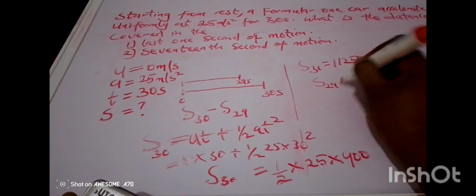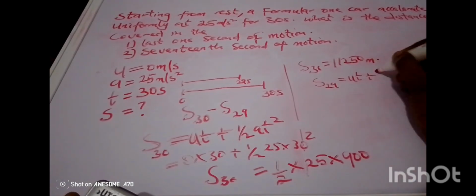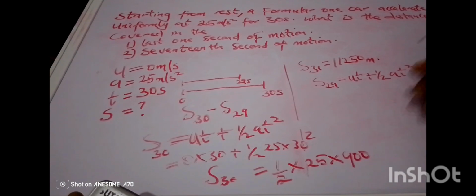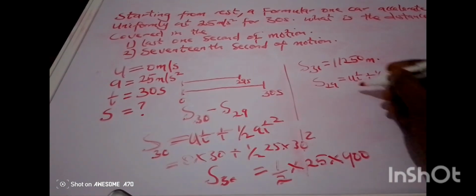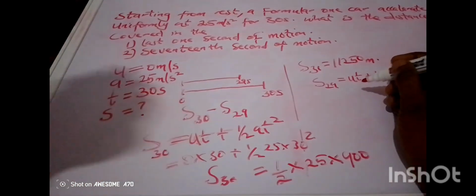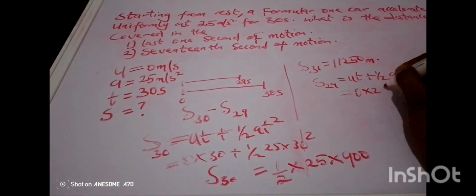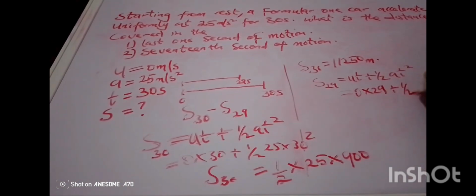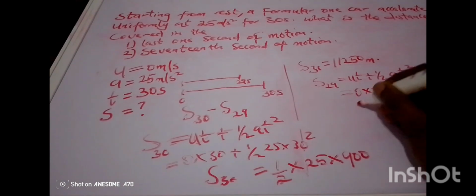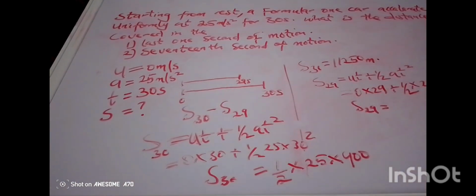Now let's look at the distance covered in 29 seconds. So S for 29 seconds will also be U T plus half A T squared, where our T is now 29. So it's 0 multiplied by 29, plus half, and our acceleration has not changed. It's still 25 because it's the same body, multiplied by 29 squared. The first term is 0, then we have 1 over 2 multiplied by 25 multiplied by 29 squared.